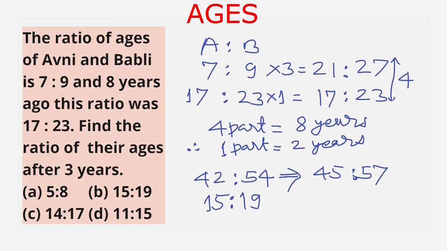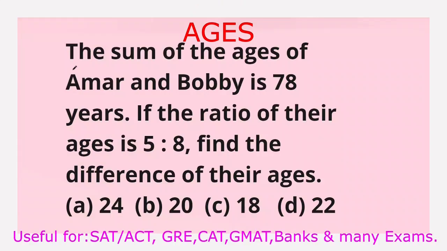Thus the ratio of the ages of Avani and Bubbly after 3 years will be 15:19. And from the given options, our answer will be option B. We go to the next question. Our question is, the sum of ages of Amar and Bobby is 78 years.